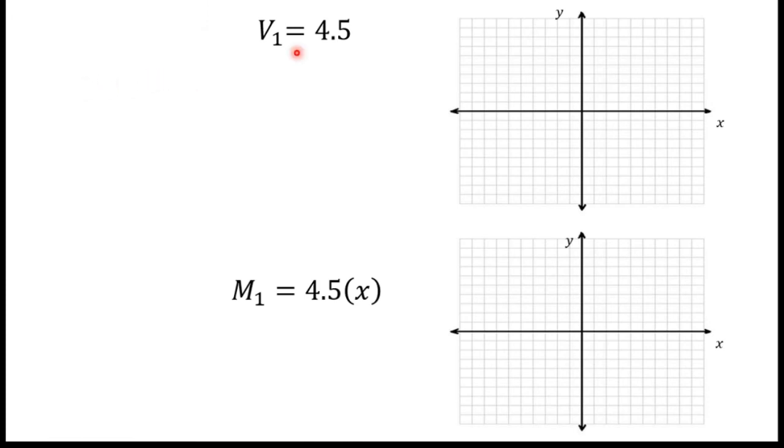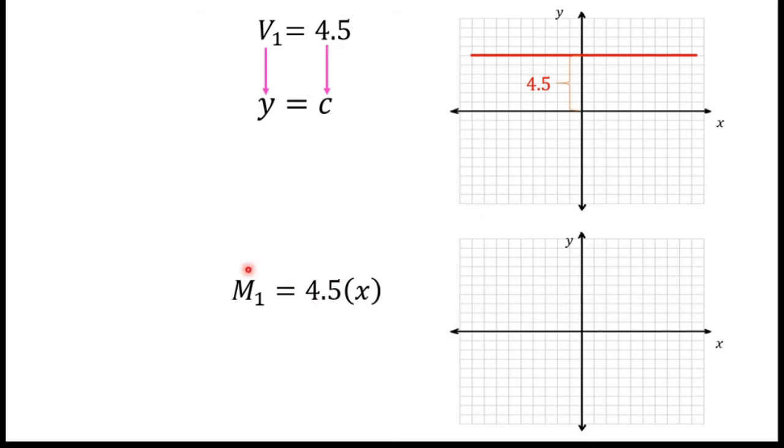Look at this, V1 equals 4.5. This is a y equals C type graph. That means just a horizontal line, and this height is 4.5, or you can say this crossing point value is 4.5 on the y axis.